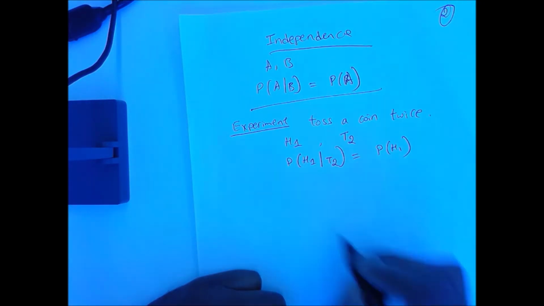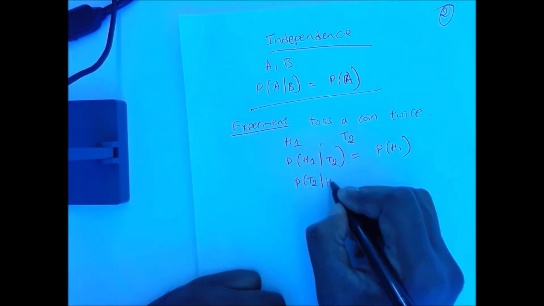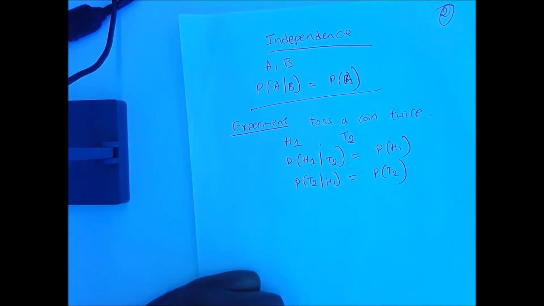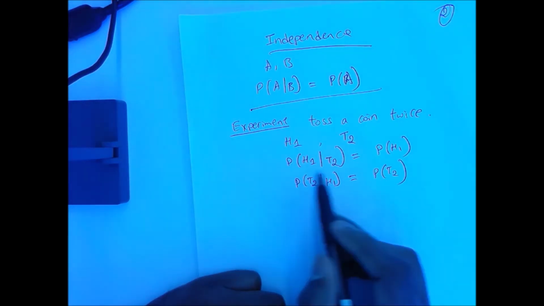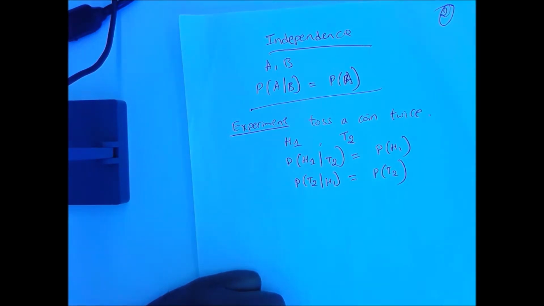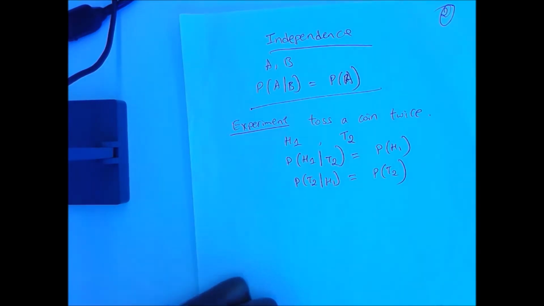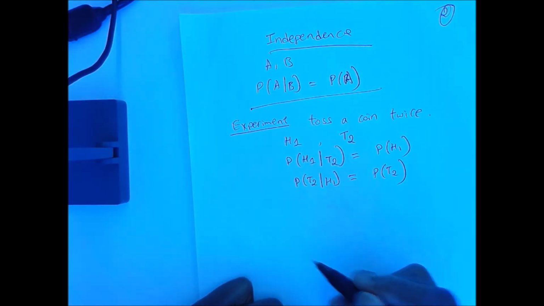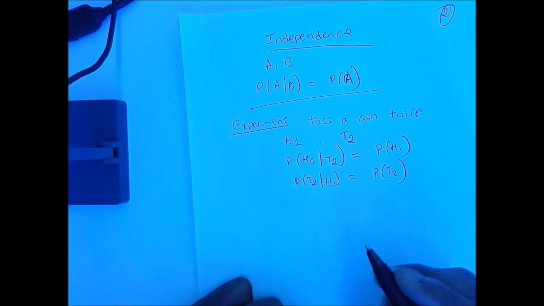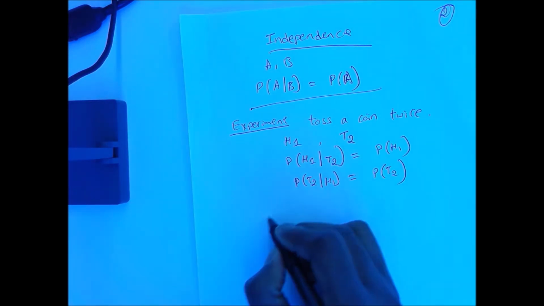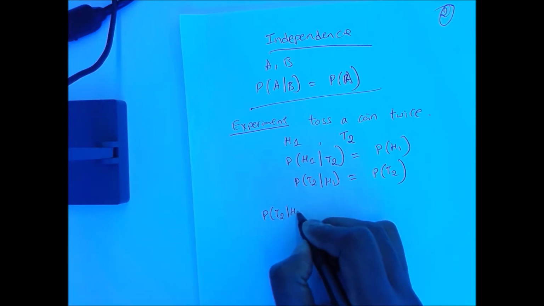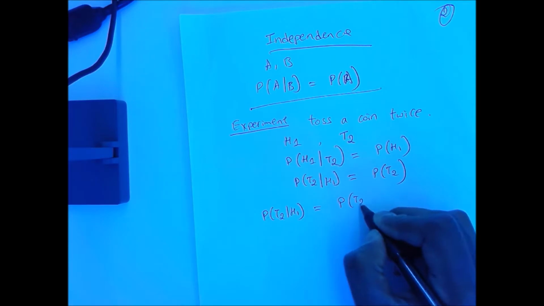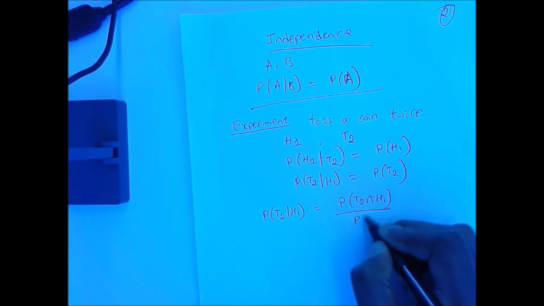Similarly, you can also say probability of T2 given H1 is equal to probability of T2, because H1 and T2 are independent events. Now let's verify this just to get our hands dirty with conditional probabilities. Let's verify this in a much roundabout way. So I want to calculate P of T2 given H1 as P of T2 intersection H1 divided by probability of H1.